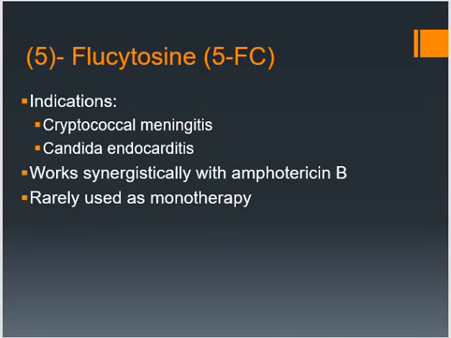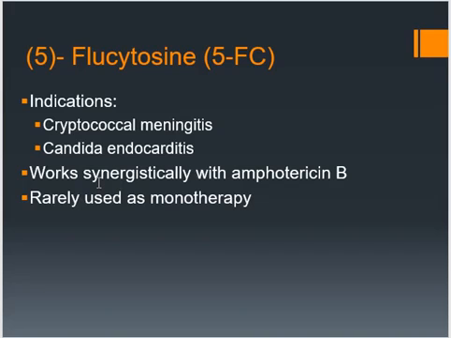5-FC is indicated for cryptococcal meningitis. It's also indicated for Candida infections, specifically Candida endocarditis. Sometimes you'll see 5-FC being co-administered with amphotericin B, and that's because these two drugs work synergistically.